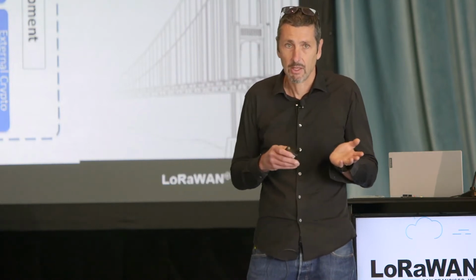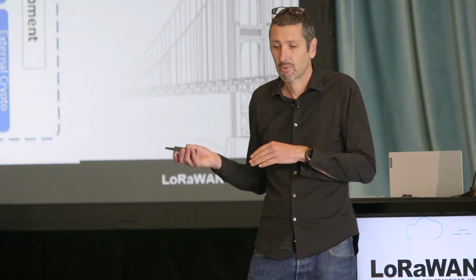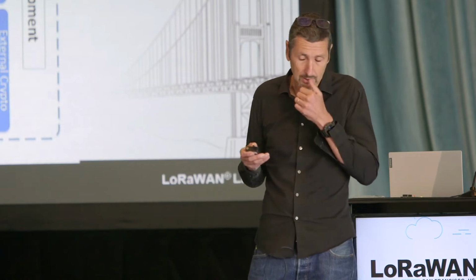So we designed the radio planner to have multiple stacks running in parallel. It could be two LoRaWAN stacks, one private and one public. It could also be a proprietary legacy protocol and a LoRaWAN protocol.